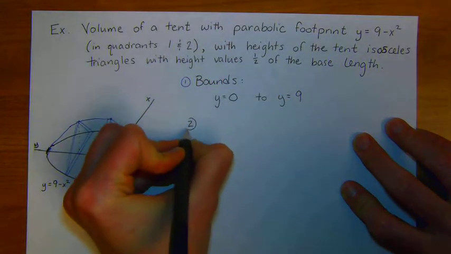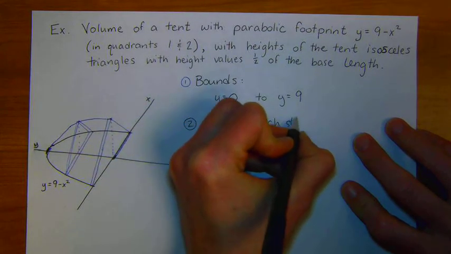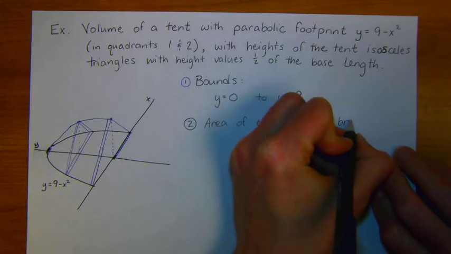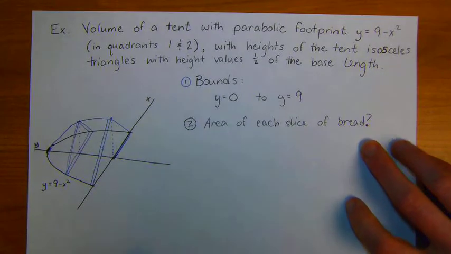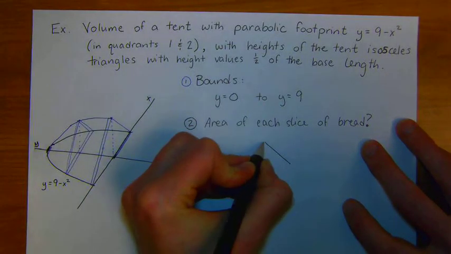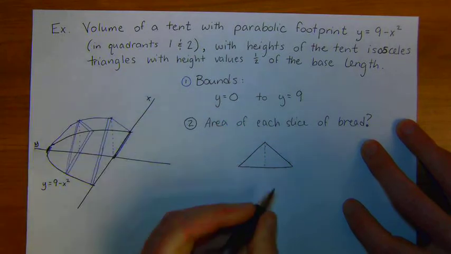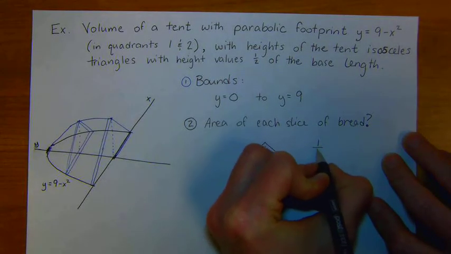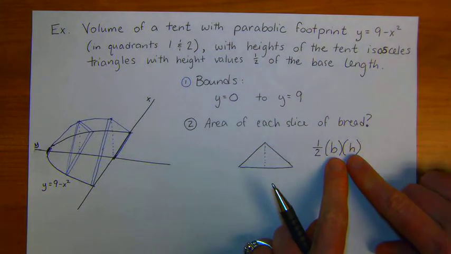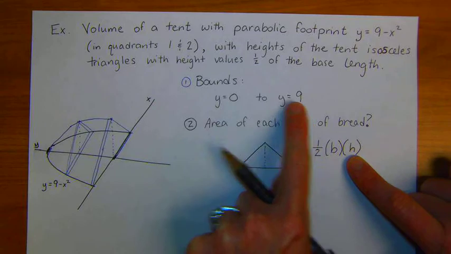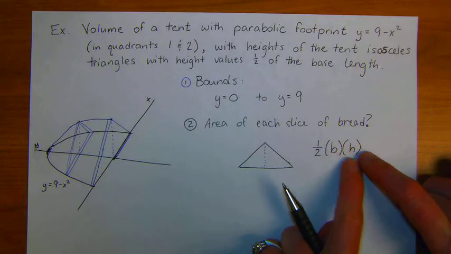But the next question is, what's the area of each slice of bread? Well, each slice of bread is going to be a triangle. And what's the area of a triangle? The area of a triangle is 1/2 base times height. We need to put each of these variables in terms of our variable y, because when we integrate only with respect to y, we can't have all these extra variables floating around.